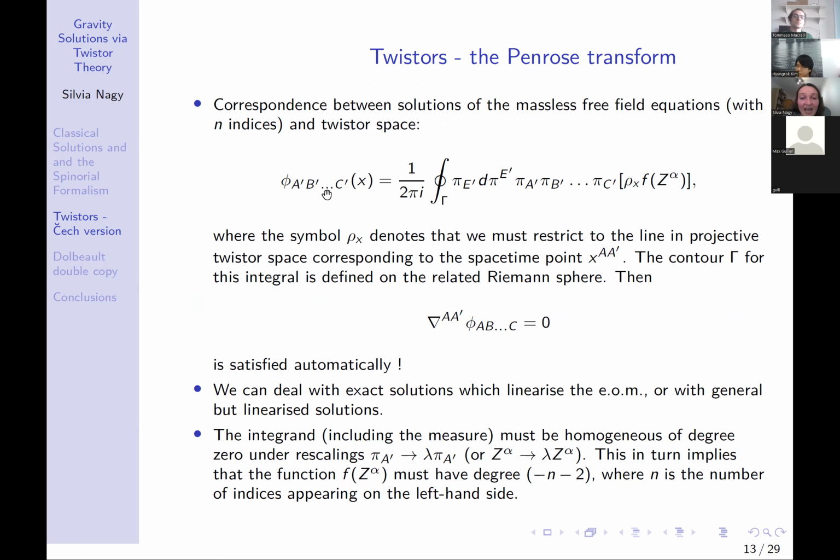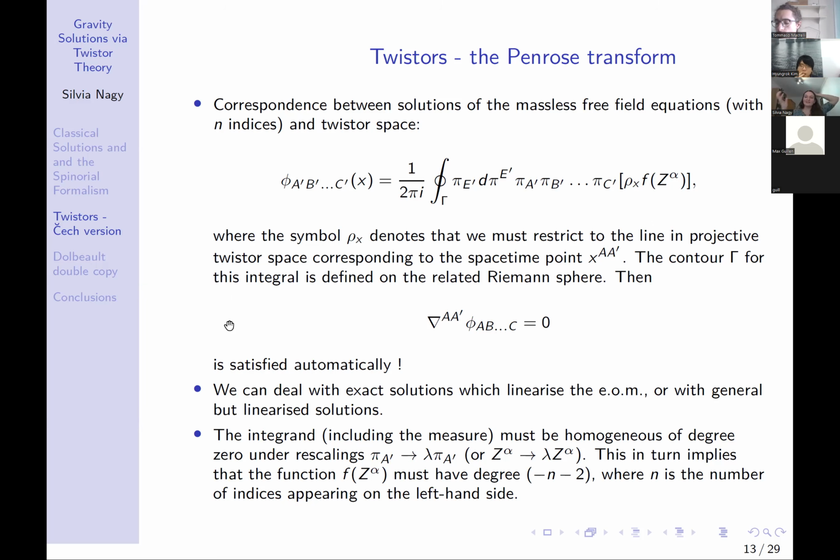So I can define a space-time field as a contour integral on the Riemann sphere of this object, where what I mean here, rho of x means that I have some function here on Twistor space, and rho of x denotes the fact that I am restricting it to precisely the Riemann sphere that corresponded to the space x. So because I am interested in evaluating the field at a particular point x, I have to integrate over the sphere corresponding to that point x, well, over a contour on that sphere.